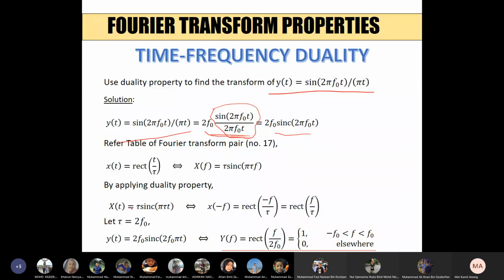By applying the duality, we can get capital X of t equal to tau sinc pi tau t, which transforms into x of minus f, which is a rectangular wave of minus f over tau. Tau equals 2 f naught, then you can substitute this, so you get y of f is this.